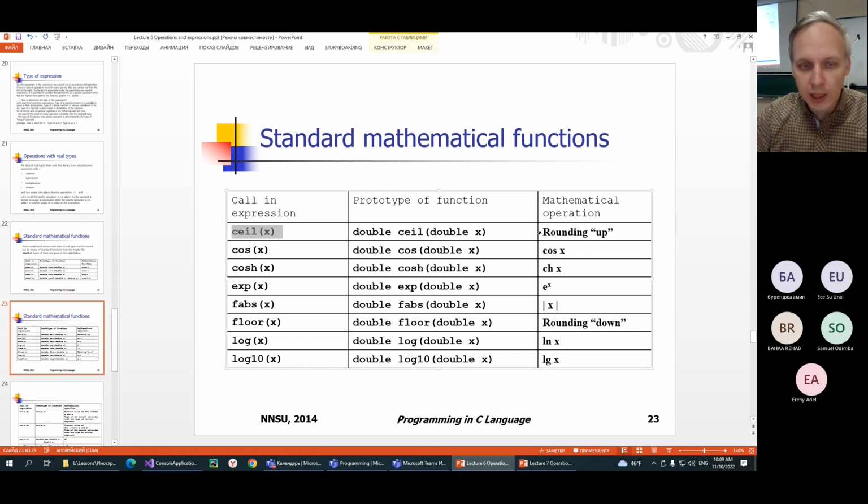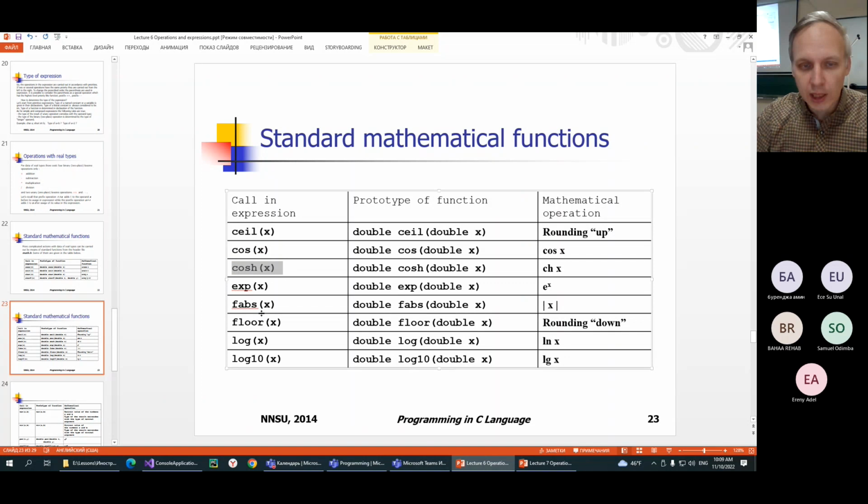Two operations of rounding, ceil and floor. Ceil rounds up, and floor rounds down. Fabs returns the absolute value. Exp returns the exponent e to the power x. Cos returns cosine x. Some special functions, the hyperbolic cosine.